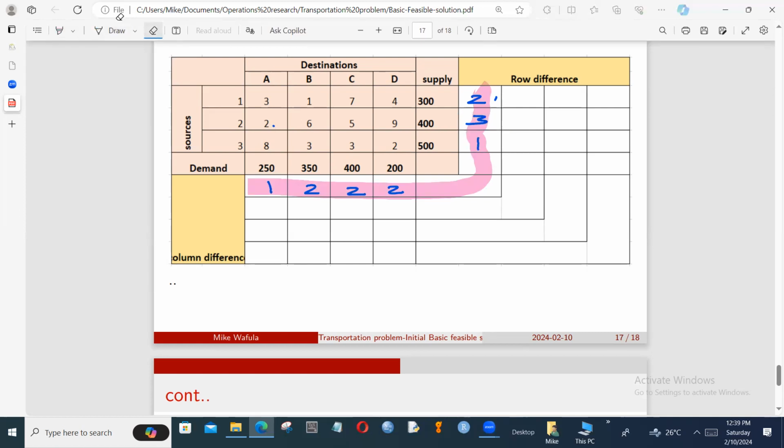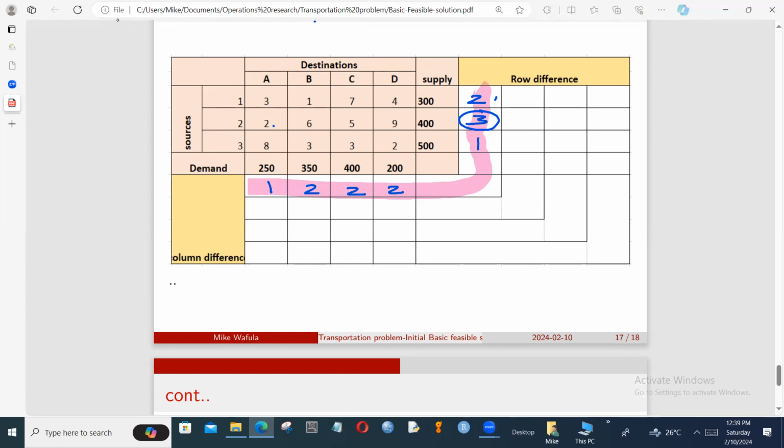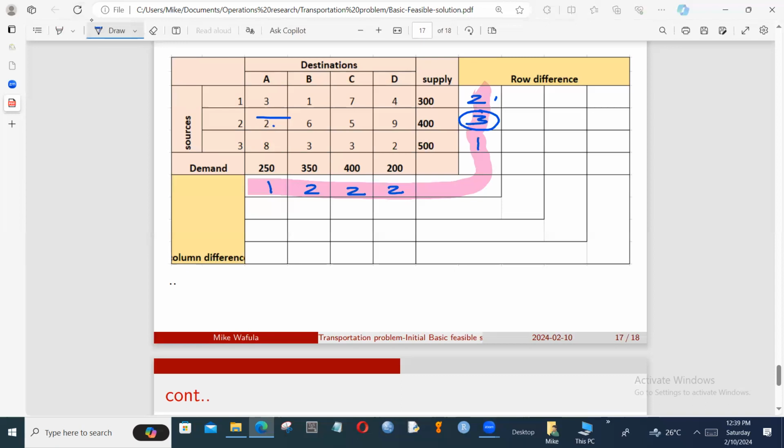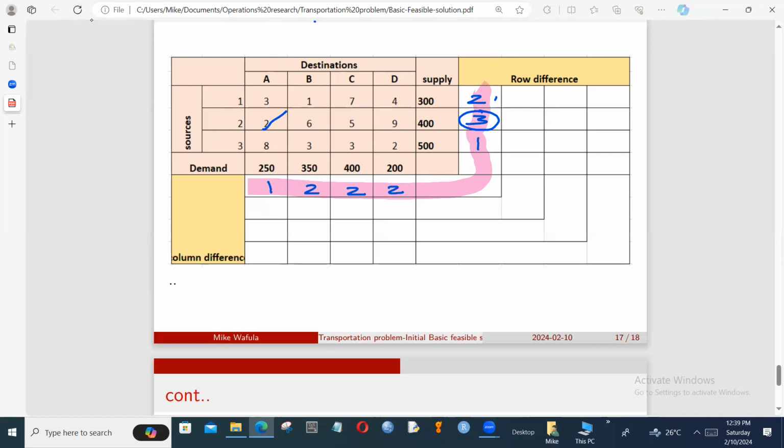And so if 3 is the highest, what we do is check that 3 corresponds to this particular row. So in this particular row, we check the best cell in this row. And the best cell in that row is actually this cell with 2 as the cost. And so we assign as many units as we can to this particular cell. So this cell, now we have identified, you check the row total and the column total, 400 against 250.